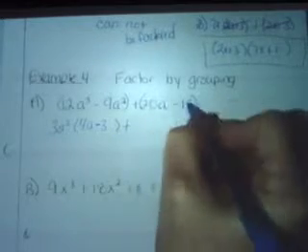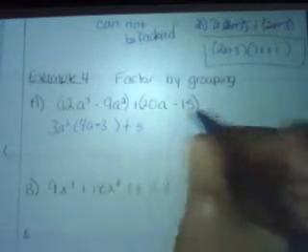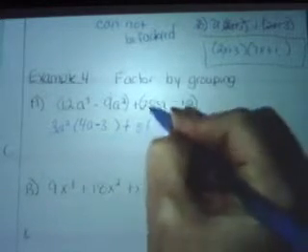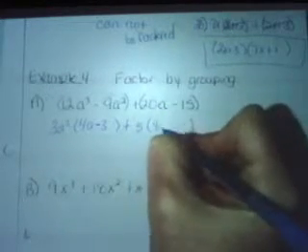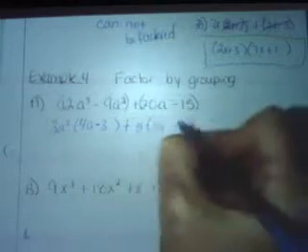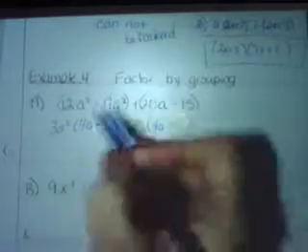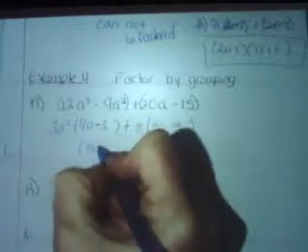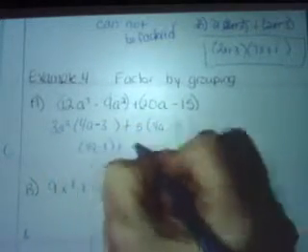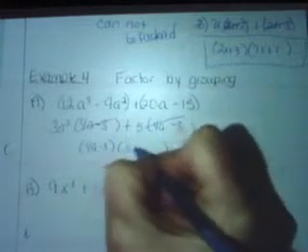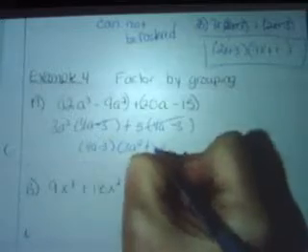Second group, I can factor out a 5. And I can't factor out any letters. So 5 will go into 20 4a, minus 5 into 15, 3. Now I can see I have a common binomial, so I'll factor it out. Everything else inside parentheses. So that leaves me with 3a squared plus 5.